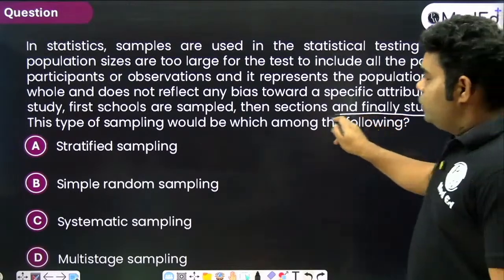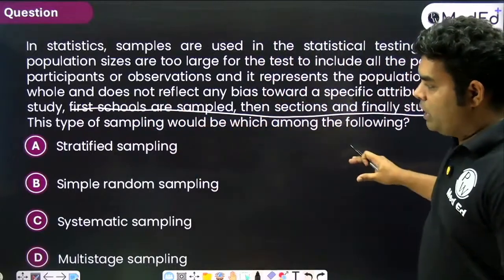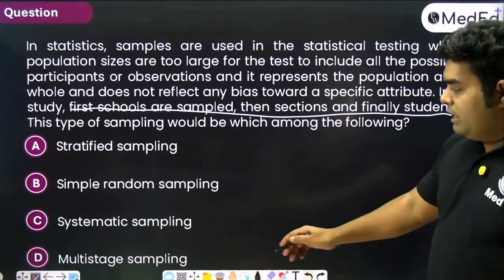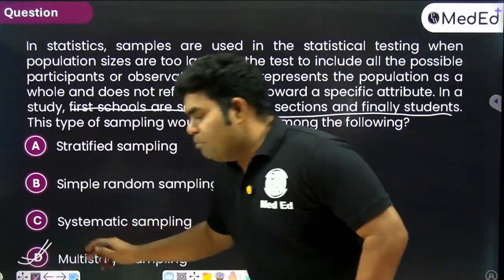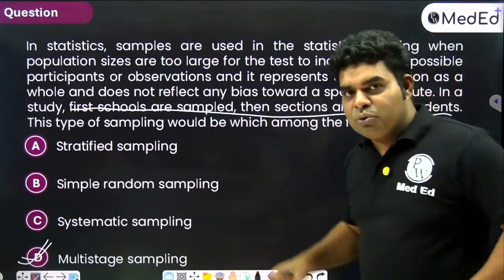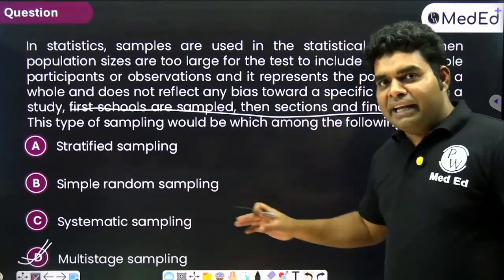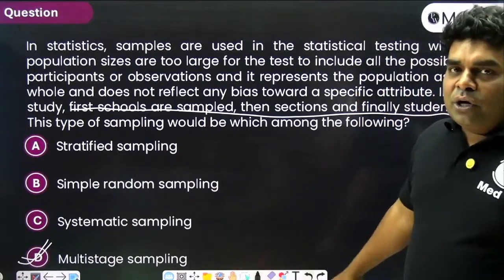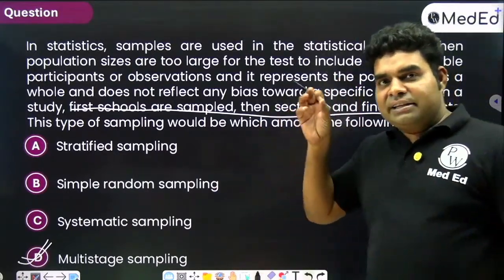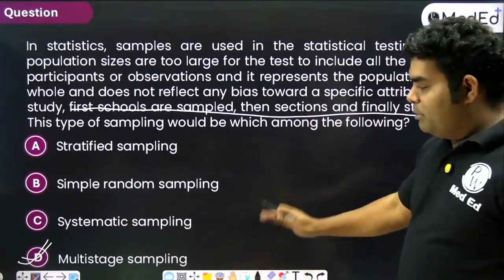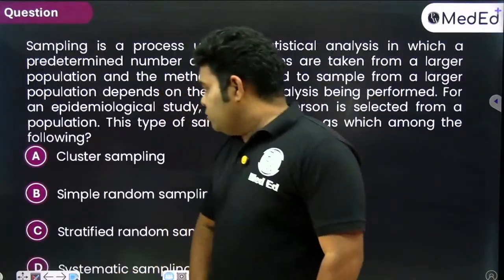You are choosing school, then section, then student. You are doing multi-stage sampling. Big, then a small, then a small. You are choosing from state, some district, some village, like that. That is multi-stage. Similarly here, you are choosing school, then section, then in each section you are interviewing. This is multi-stage. Okay. Next question.